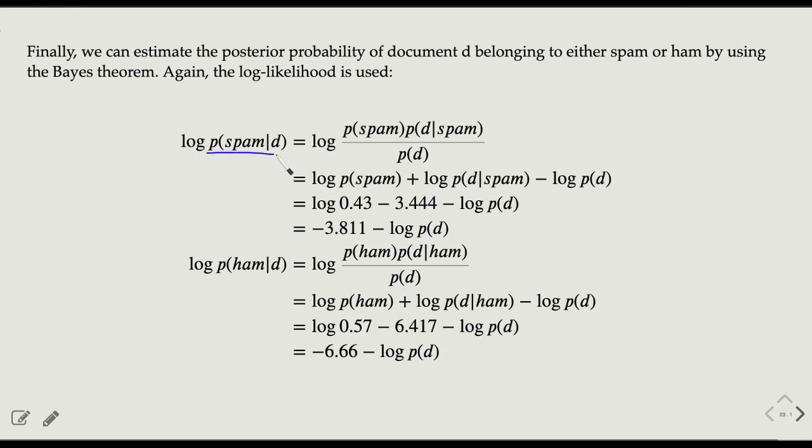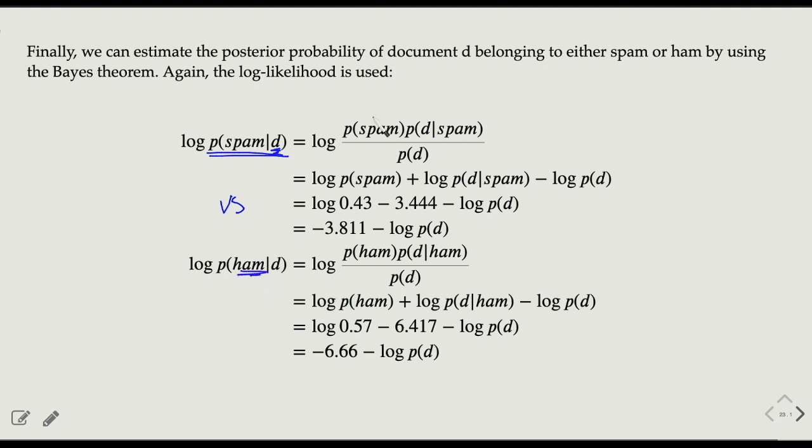So the log of probability spam given D, and this is the final probability that we really need to find out. So given this particular email configuration or term occurrences, how likely is this a spam versus how likely it is a ham.